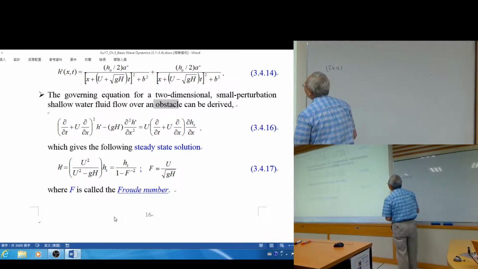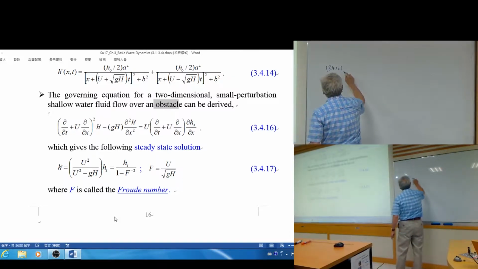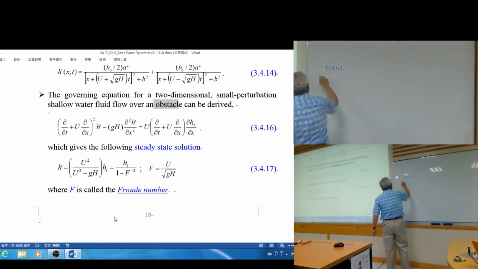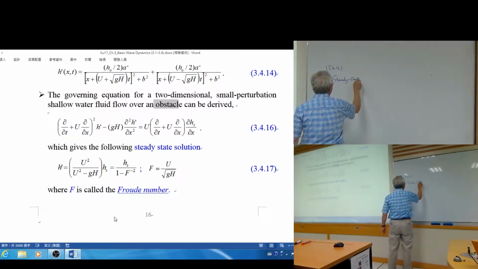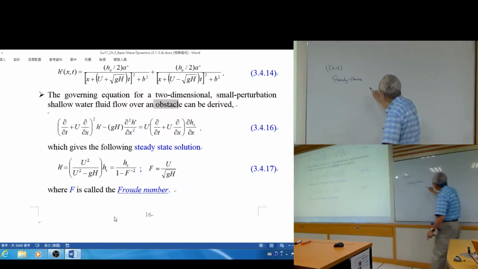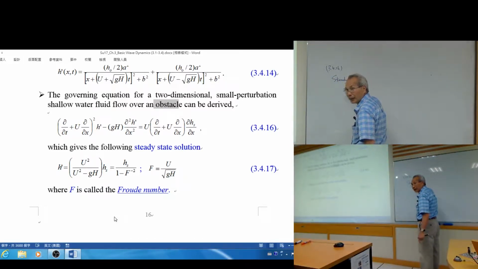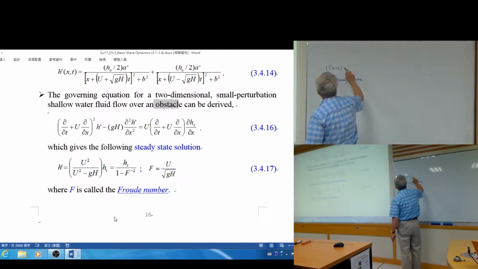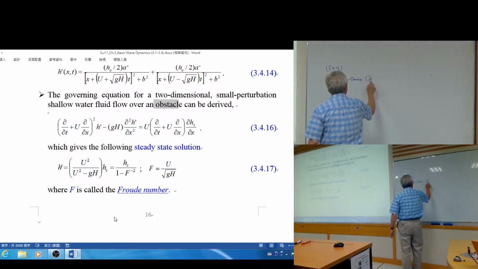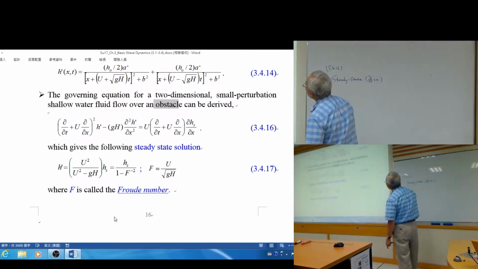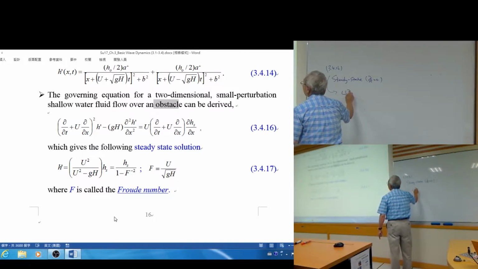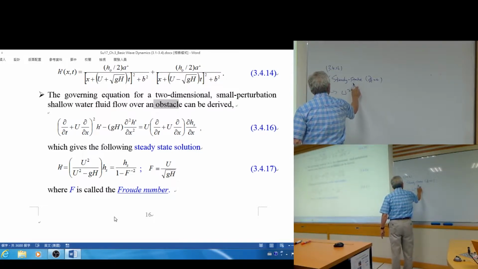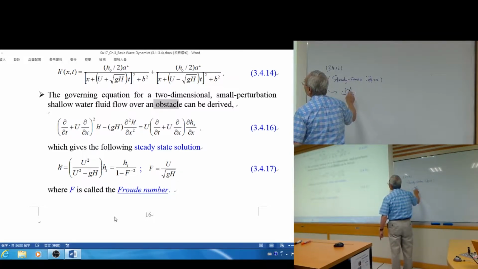Okay, so assuming steady state flow, partial t equals 0, so then this will become u partial square, partial u square, and then h prime, right?